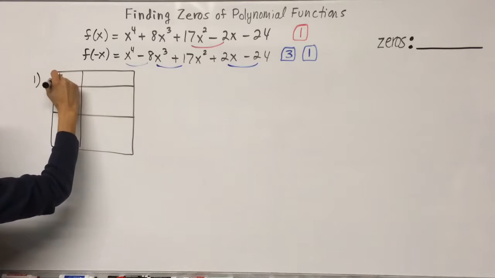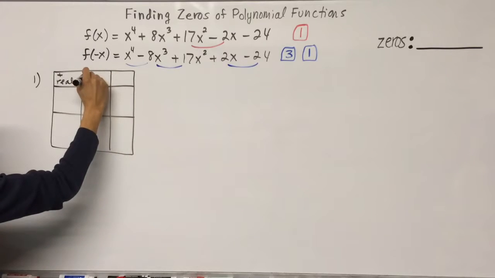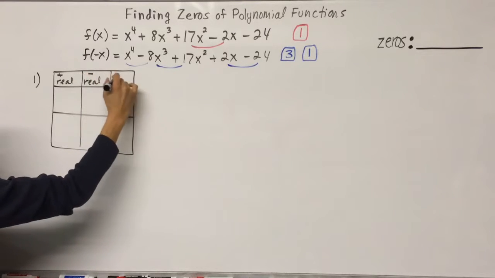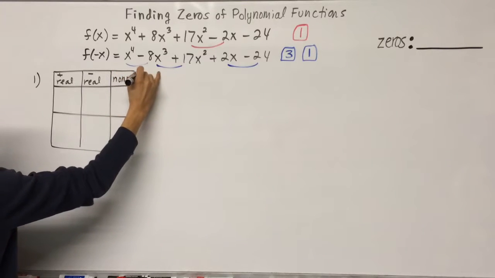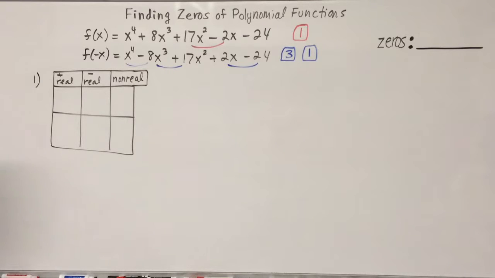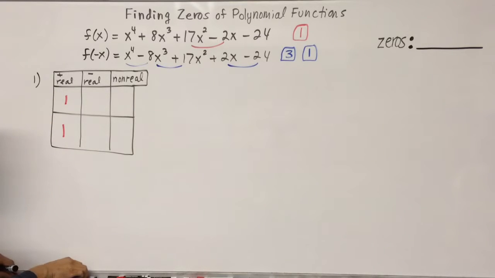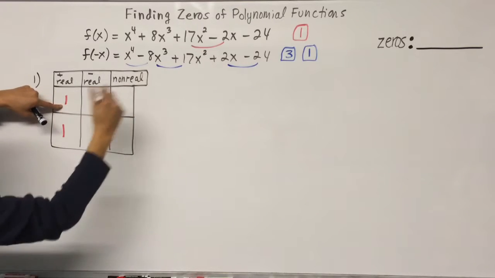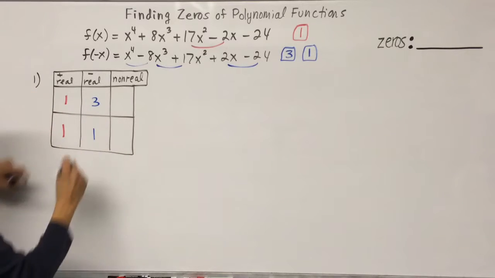So you're talking about positive real, negative real, and then non-real. Non-real includes the numbers that have i's in them, right? So we've got 1 and 1. So that 1 in red will pair up with the 3 in blue, or the 1 in red will pair up with the 1 in blue.